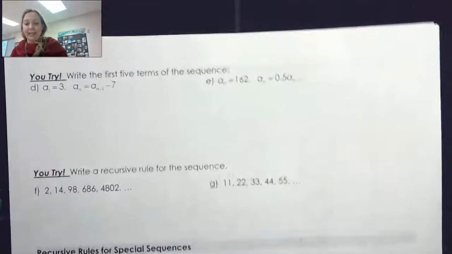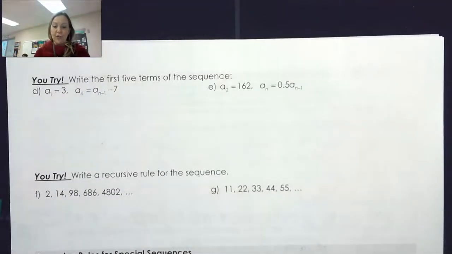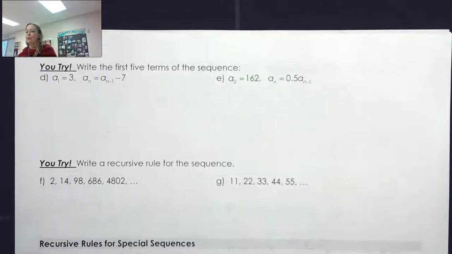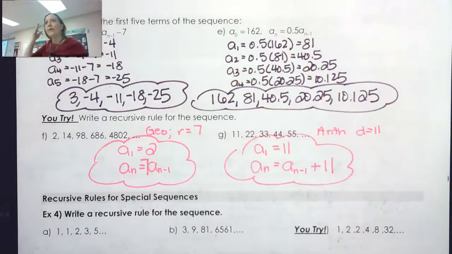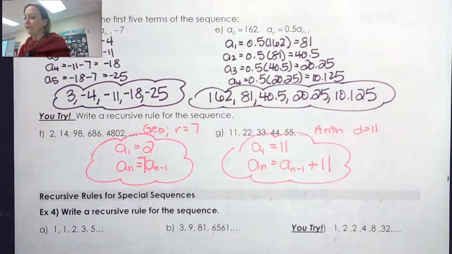All right, so now I'd like you to take what we did in examples 2 and 3 and try D, E, F, and G. All right, so here's what I got for you.